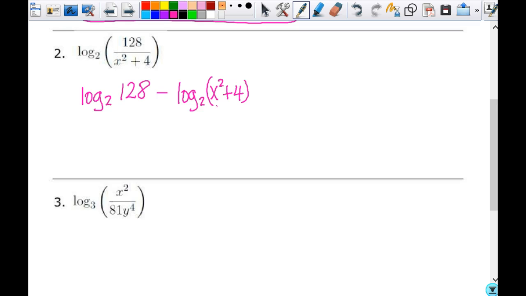So this one looks like I could simplify this number out, right? So I'm going to take this up here and do it separately. So log base 2 of 128 equals k. So 2 to the k power is 128.